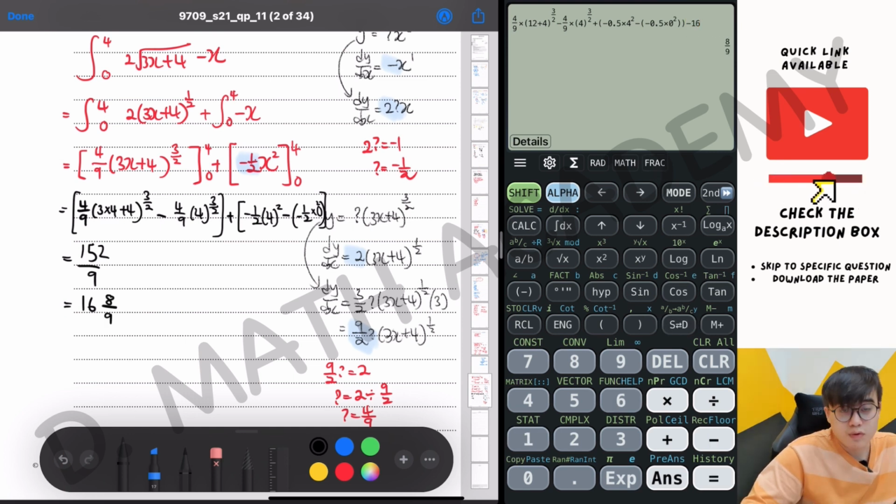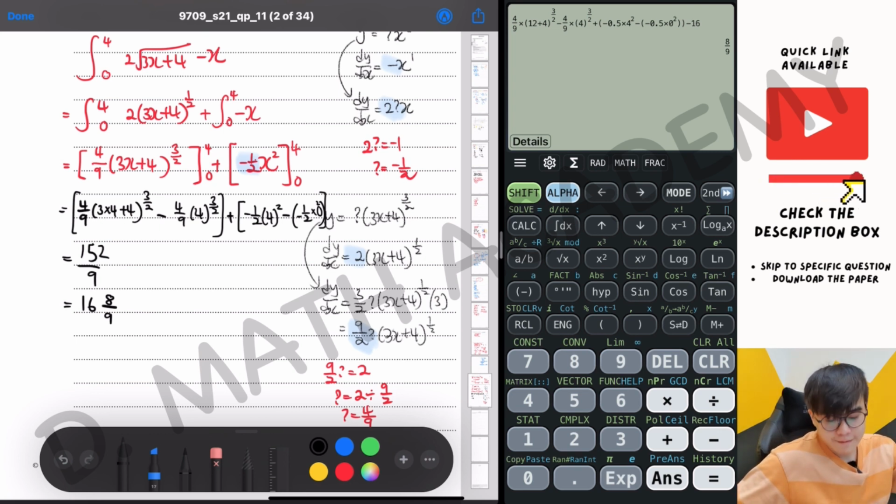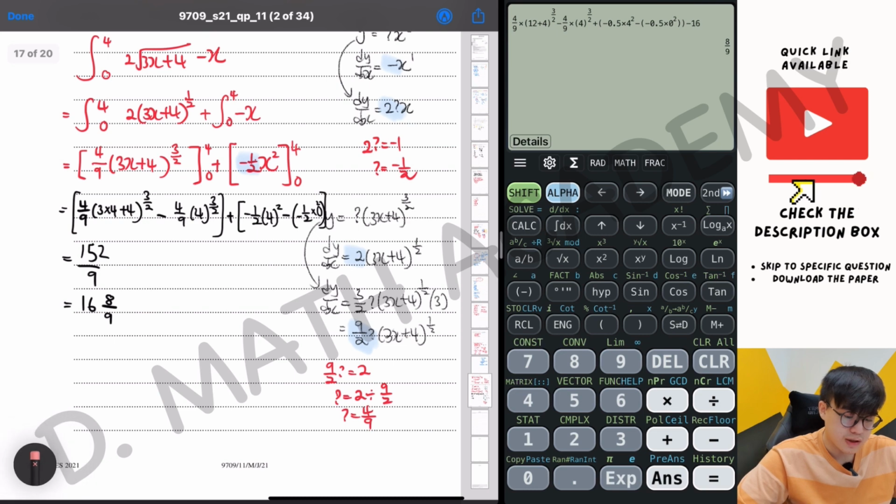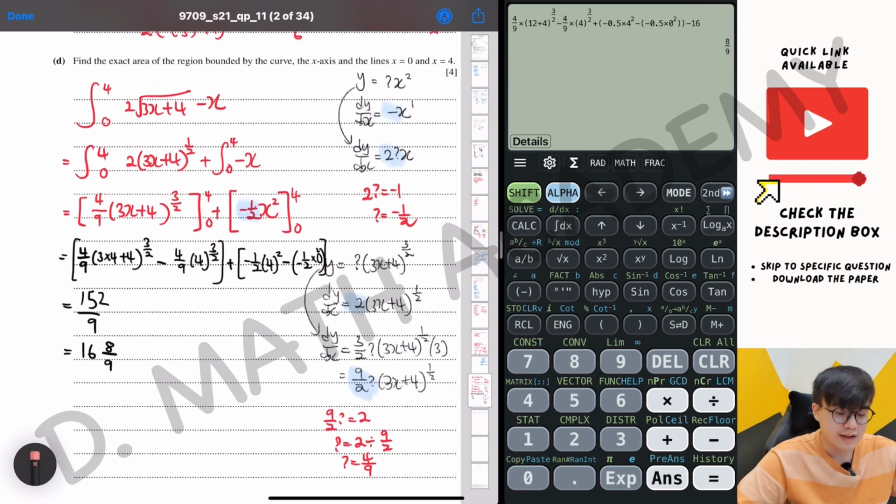So this will be 8/9. Okay. So that's how you solve this question entirely, to find the area bounded by the curve between 0 to 4.